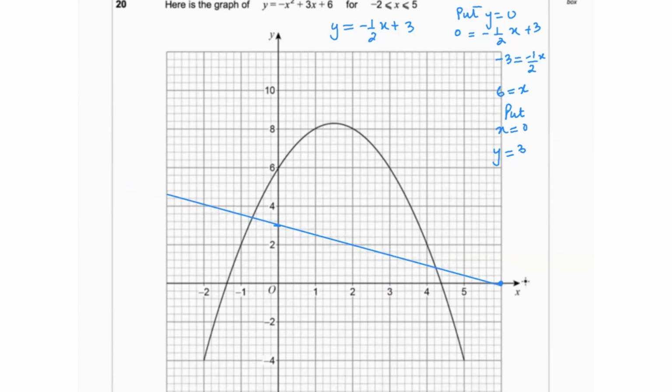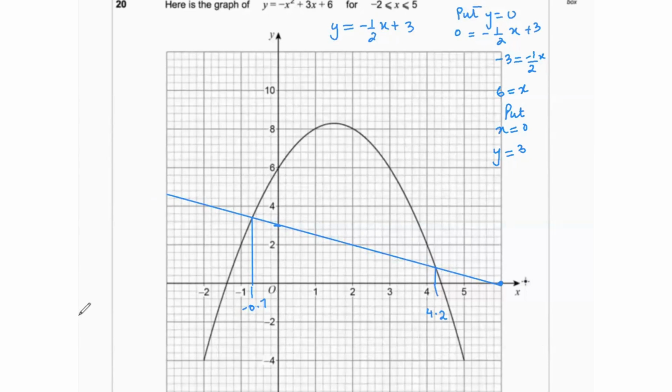And our solutions are negative 0.7 over here and 4.2 over here. These are the values of x that I'm getting.